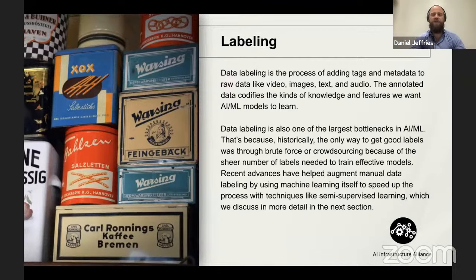Data labeling is one of the largest bottlenecks, because historically the only good way to get good labels is to brute force it or to crowdsource it. But recent advances have started to augment manual data labeling by using machine learning itself. So machine learning becomes reflective in this process. We start to see machine learning speeding up the places where there are bottlenecks, right?